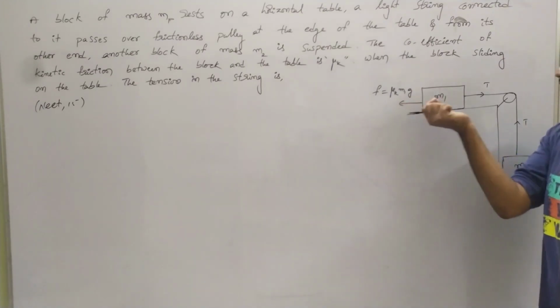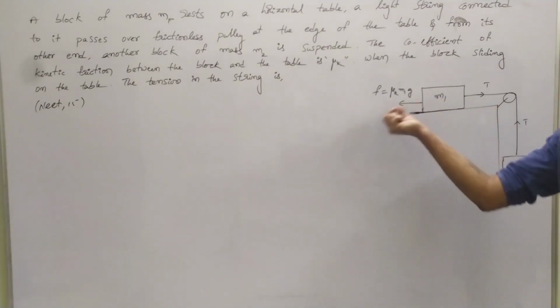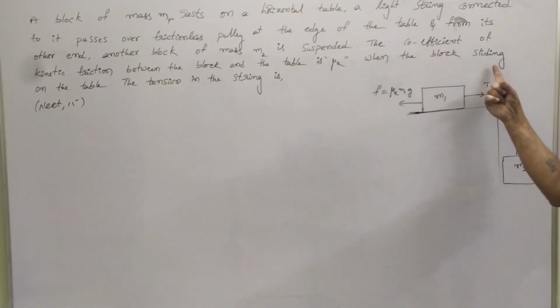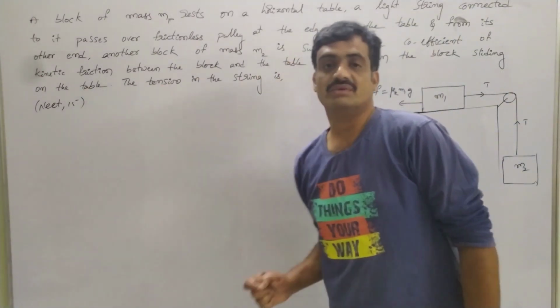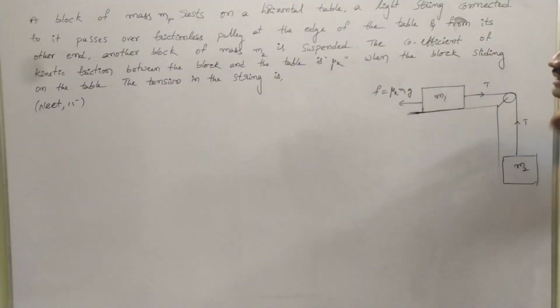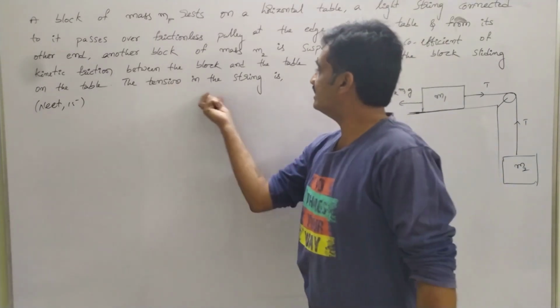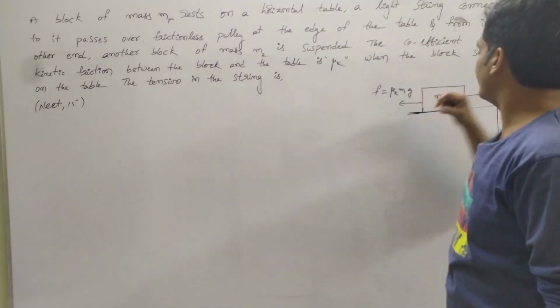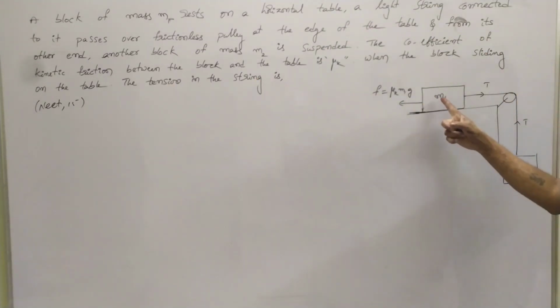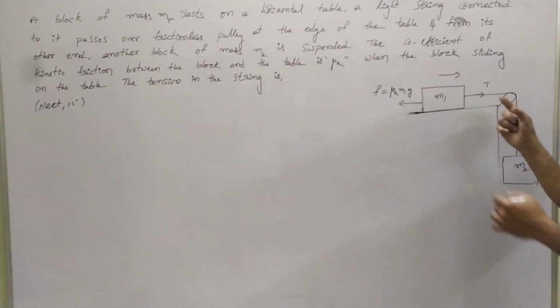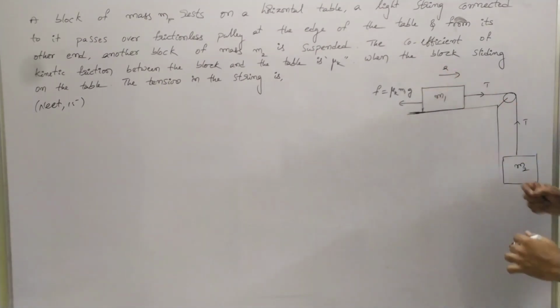This is the frictional force acting on the block in the opposite direction when the block slides on the table. So as the block starts sliding on the table, what is the tension in the string? Now we have to find the tension as the block is moving in this direction with a particular acceleration.